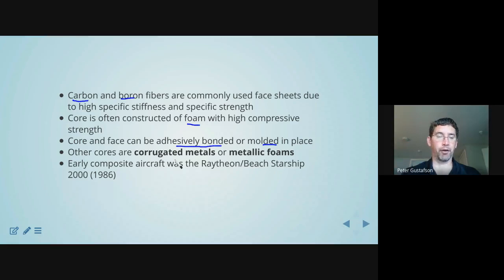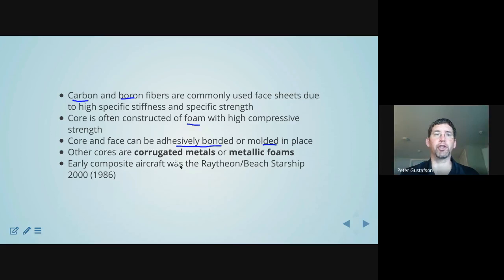Now, one of the early composite aircraft that was brought into service was the Beech Starship. It was a Burt Rutan designed, Raytheon manufactured aircraft that was put out in 1986, and then fighter jets began to use carbon fiber as their principal structure. It was a much more expensive material from a manufacturing perspective, so it didn't really hit the commercial airline space until many of the challenges associated with it were worked out with fighter jets, military aircraft.